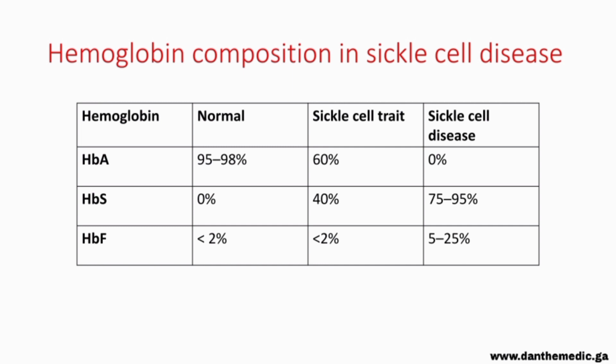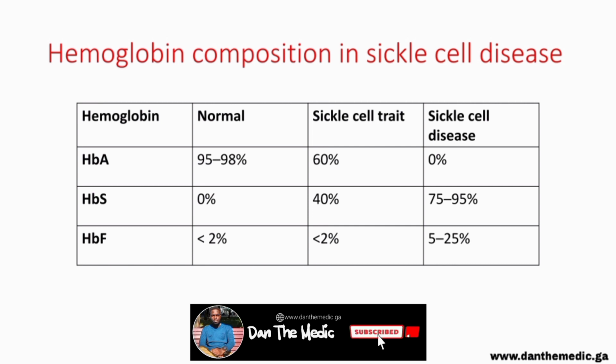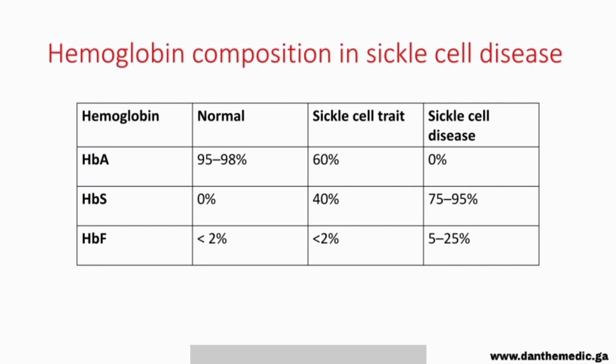As for hemoglobin S, normal people will not have any hemoglobin S, but people that are carriers will have about 40% of hemoglobin S, while people that are sicklers, homozygous for sickle cell disease, will have about 75 to 95% hemoglobin S.